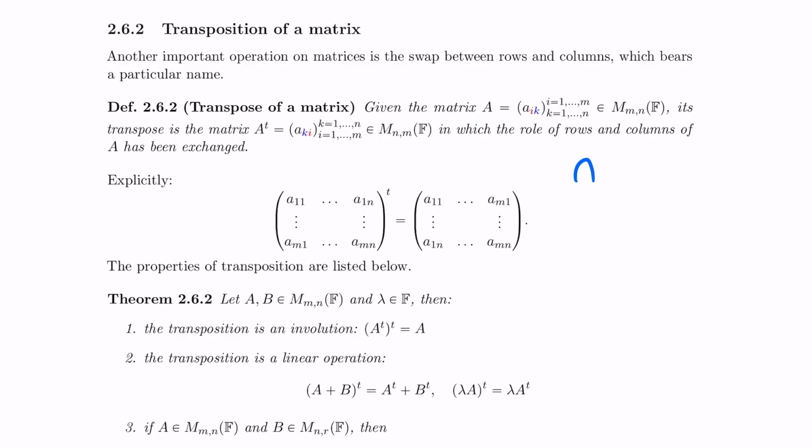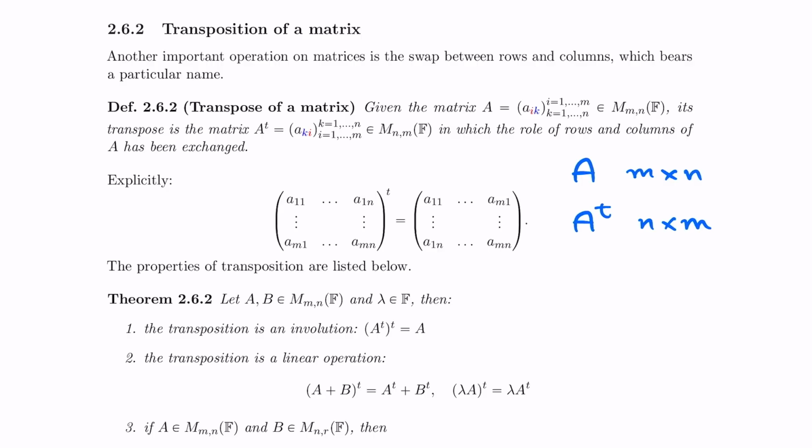So if A is an M times N matrix, then its transpose is an N times M matrix. Explicitly, if you have this matrix here and you want to compute its transpose, you take the first row and you set it as the first column of its transpose. You continue, you take the last row and you set it as the last column of the transpose matrix.